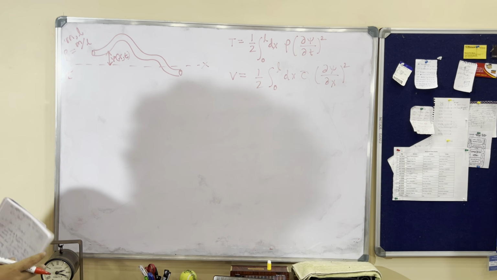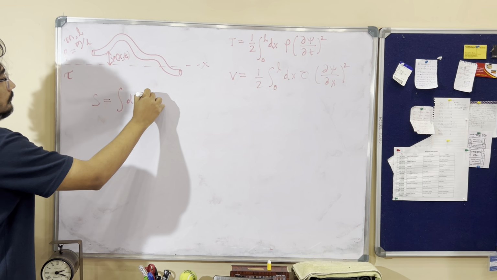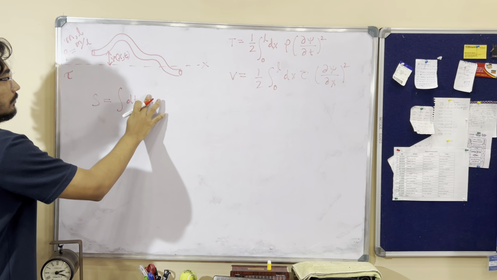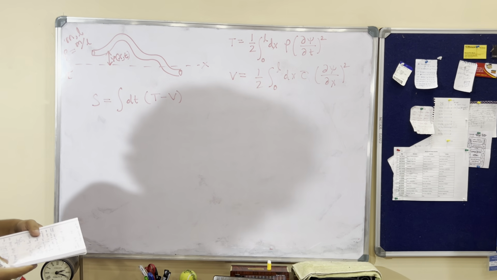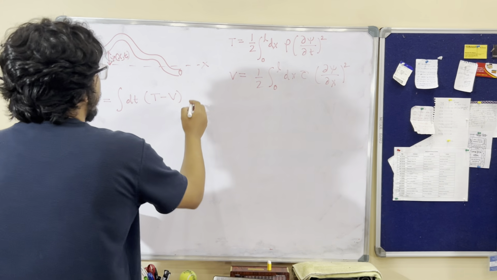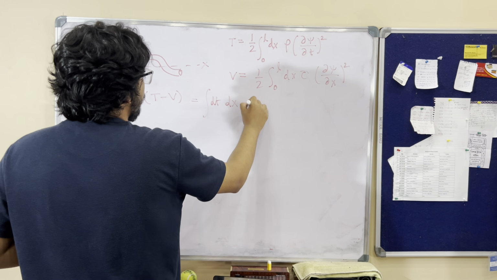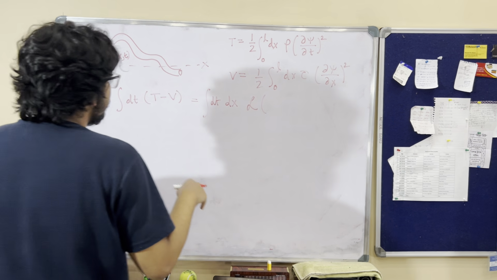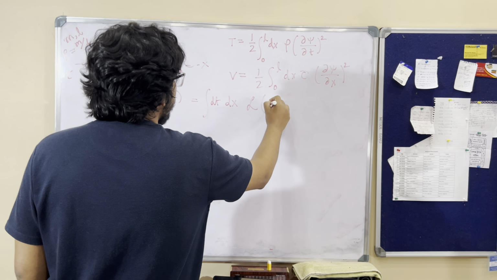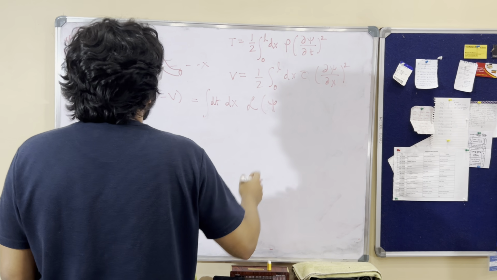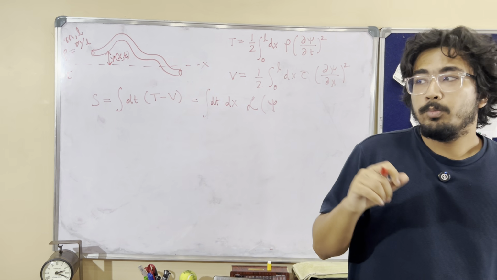Okay, so now our action is the integral of dt times L, which is nothing but the difference between T and V, and we can write this as the integral of dt dx of the Lagrangian density. In this case, the Lagrangian density will be some function of psi itself. In the previous case our Lagrangian was a function of position x.